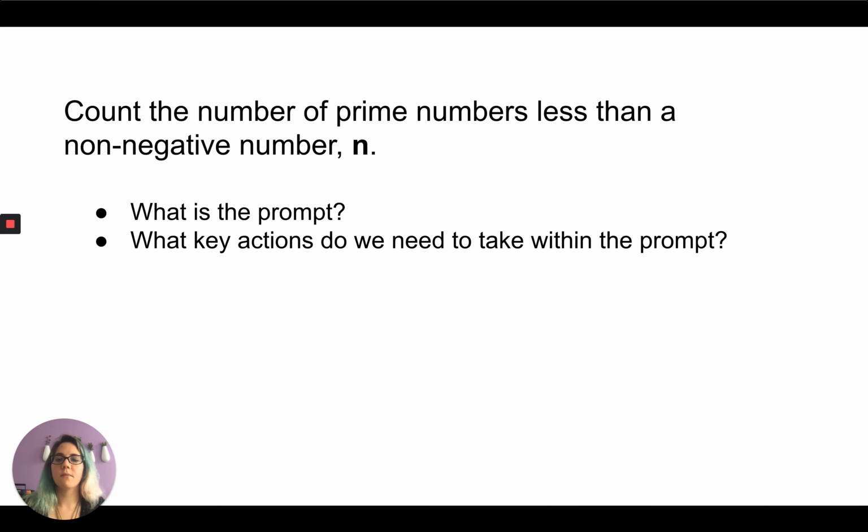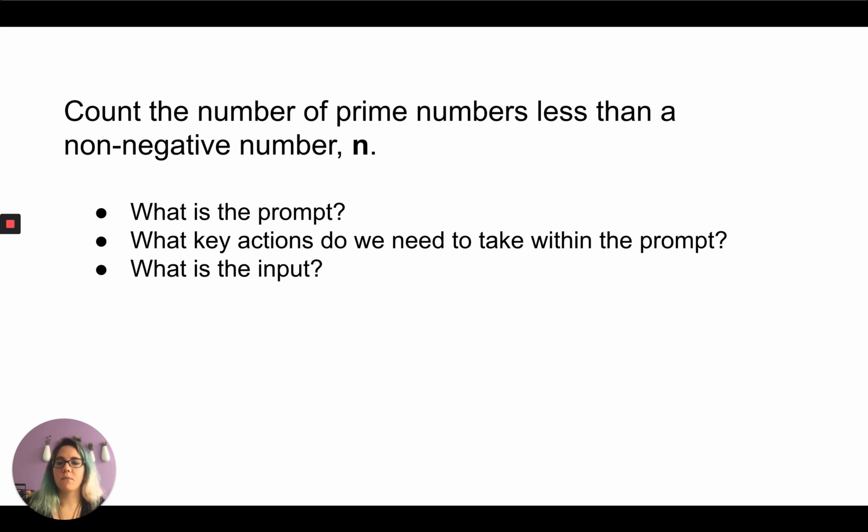You want to count the number of prime numbers less than a non-negative number n. So that's counting, not returning a list, right? And that's an important distinction, because if your interviewer is looking for whether you understand how to read problems in detail, they're going to want to know that you notice the difference between count and return a list of.